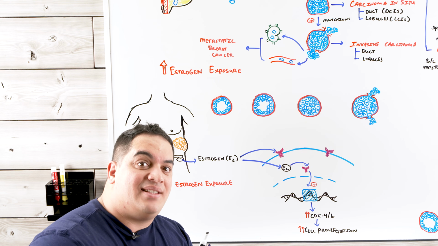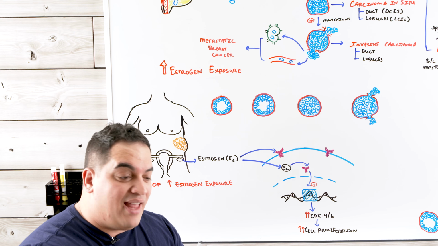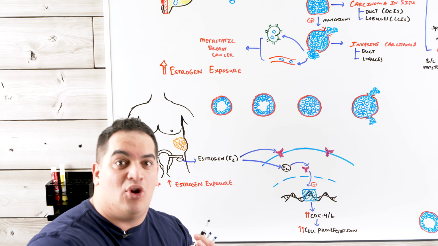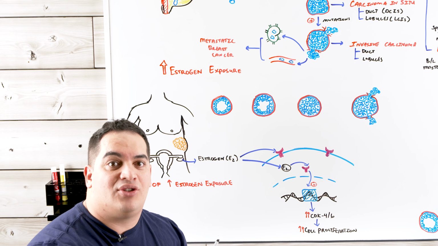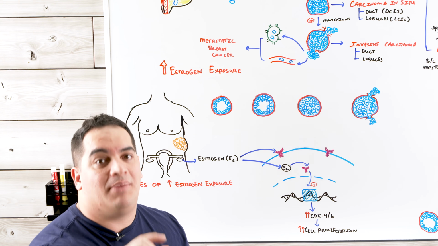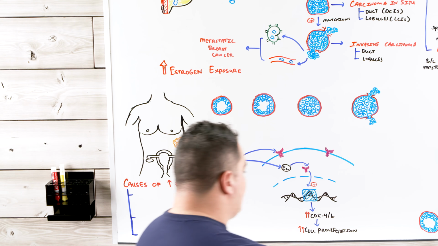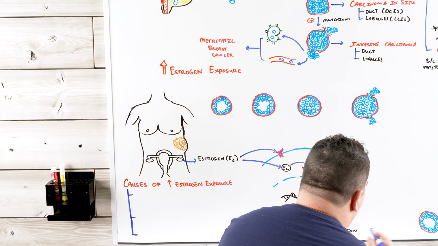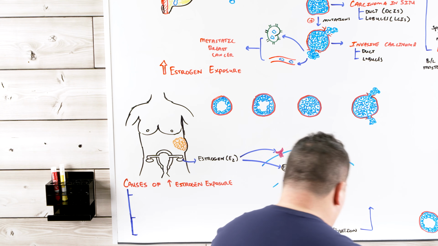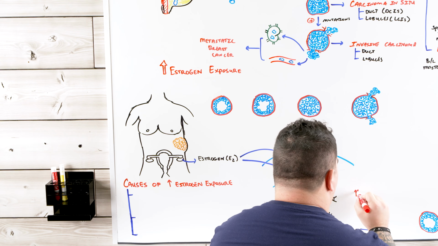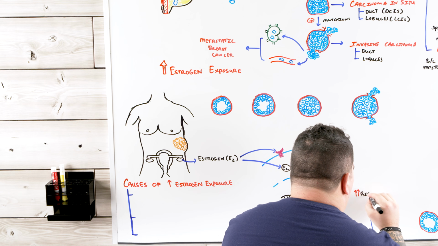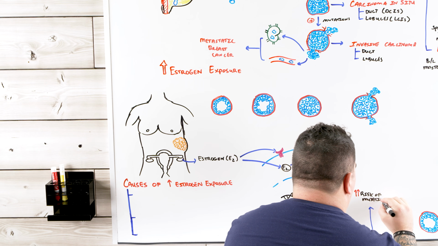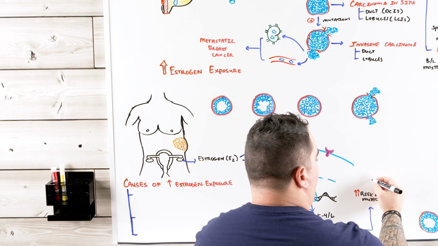And every time the DNA is damaged, there is the risk that it could become mutated if you don't repair it properly. That mutation can cause normal cells to become cancer cells. So every time a cell proliferates, all you essentially do is increase the risk of mutations.